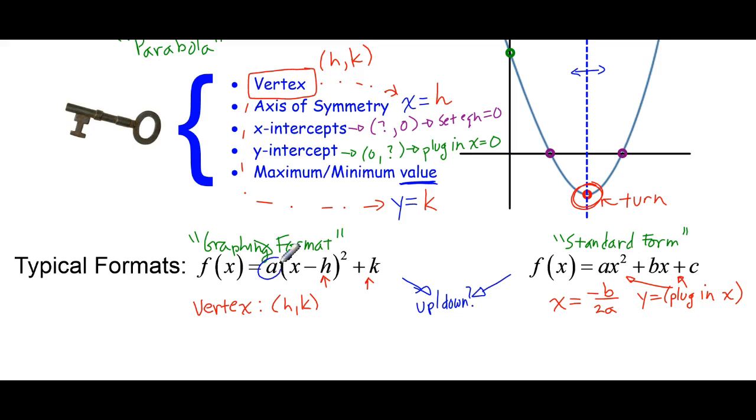The same letter in both of these, the letter that's in front of the parentheses there, that's in front of the x squared here. If a is bigger than 0, then the graph is going to curve upward. If a is less than 0, the graph is going to curve downward.